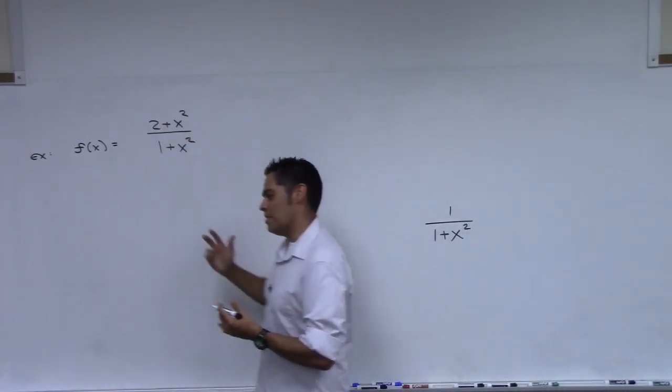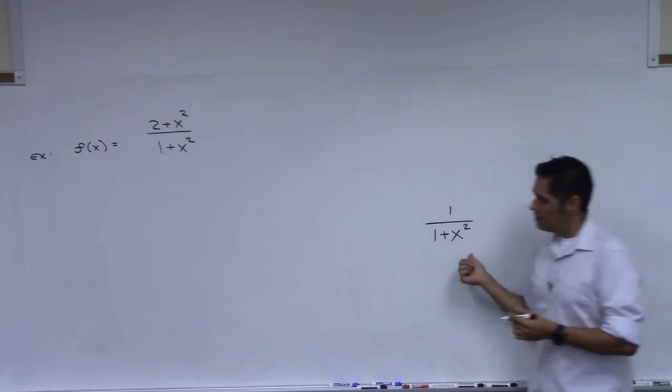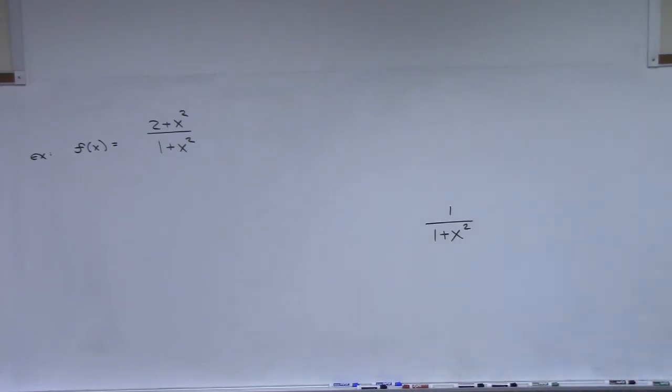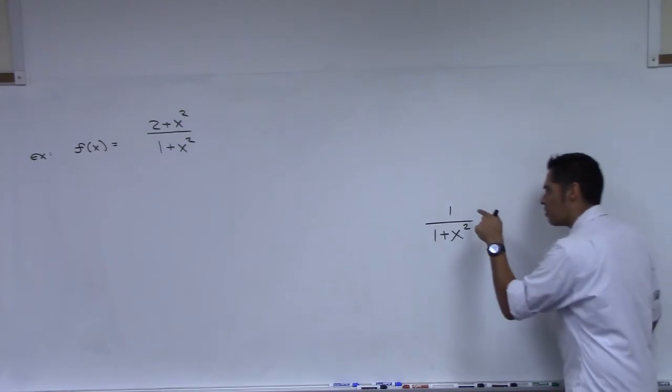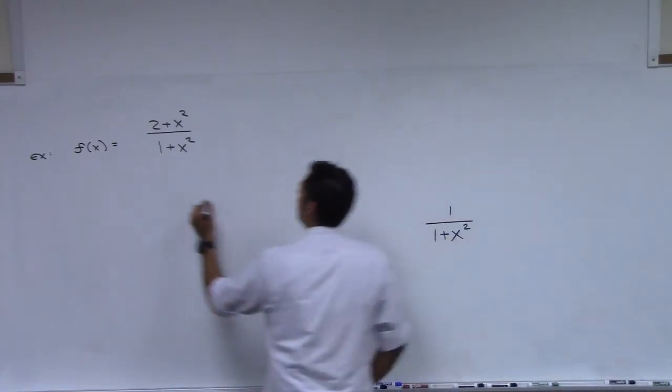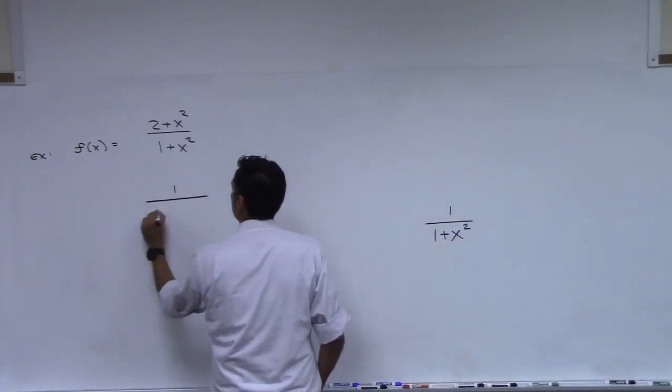Only issue is you've got a 2 plus x squared up there. But the fact that you see that is important. That's actually part of how we can get to this. Does everyone see that now? Okay. Now how, though? How do we use it? Because the formula only works if you have a 1 up here. Okay. Oh, yeah. I know what you're saying.